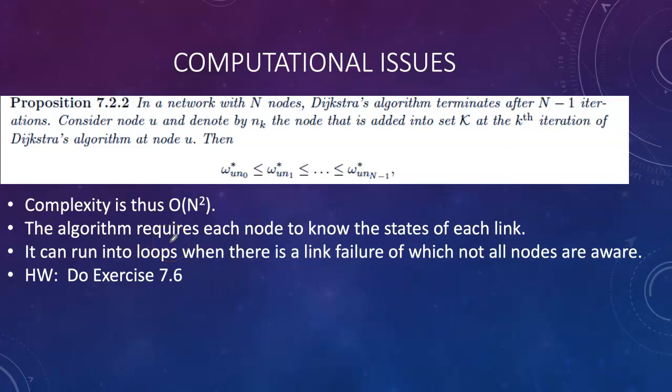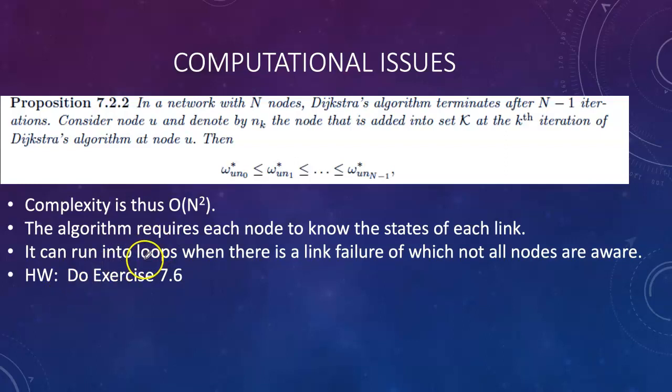Now, the drawback of this algorithm is that it requires each node to know the states of each link. But in modern adaptations based on Dijkstra's algorithm, there are ways to take care of this centralized requirement, and there are practical routing algorithms that do this in a distributed fashion.